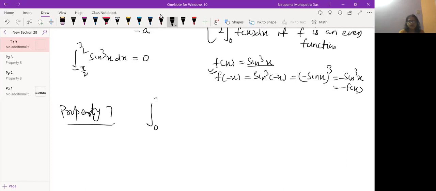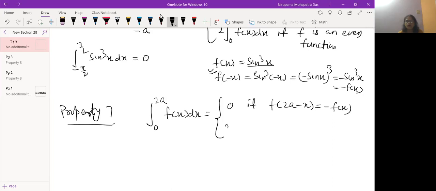The integral from 0 to 2a of f(x) dx is equal to 0 if f(2a minus x) equal to minus f(x), and twice the integral from 0 to a of f(x) dx if f(2a minus x) equal to f(x). Okay, so this is the last property.